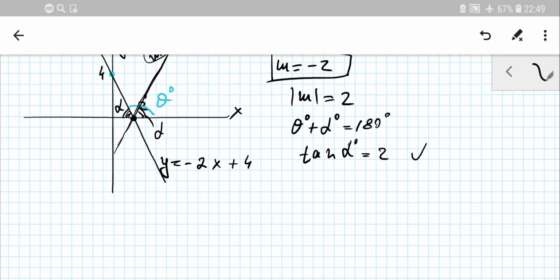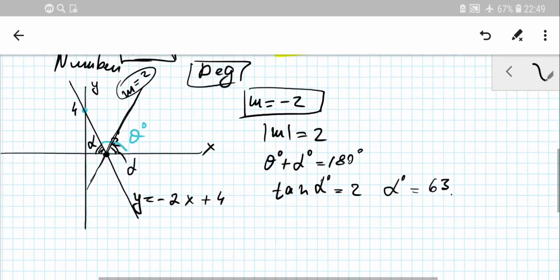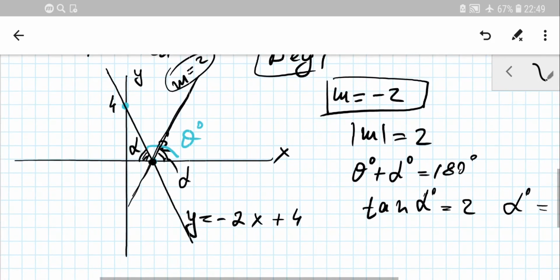So our angle alpha is simply 63.43 degrees. Which angle did we calculate? This angle. How do we figure out angle theta?